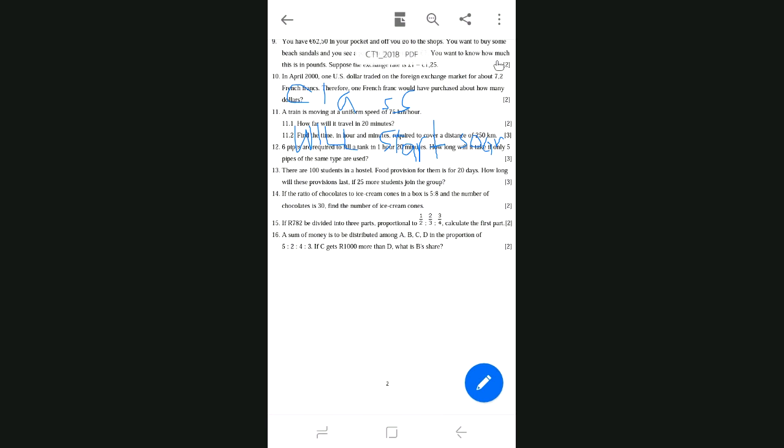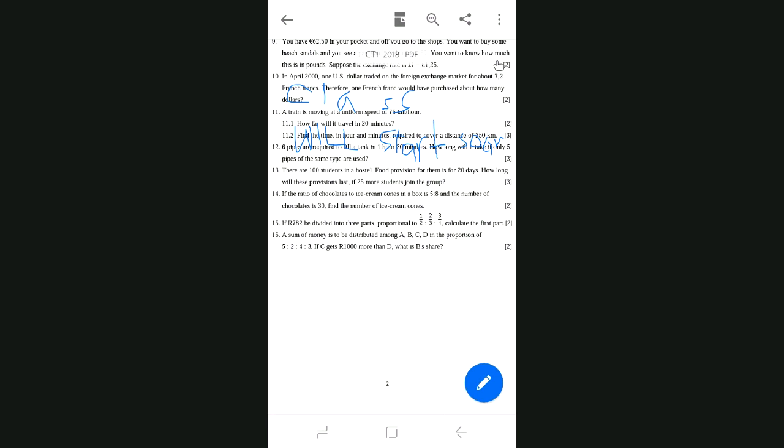It says that you have 62.5 euros in your pocket, and off you go to the shop.